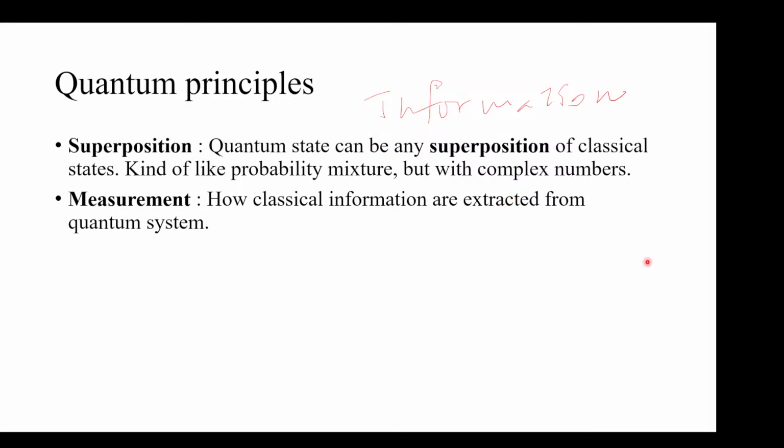Then there is measurement. Quantum information is in this weird superposition state, and if you actually want to learn classical information out of your quantum information, you need to do a measurement, and something weird will happen.